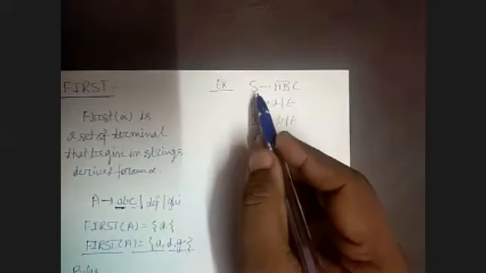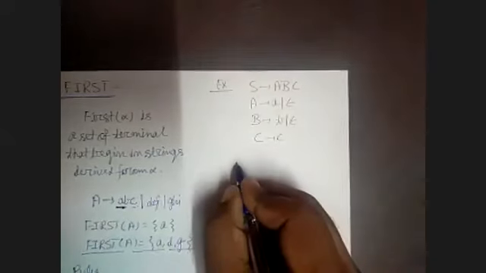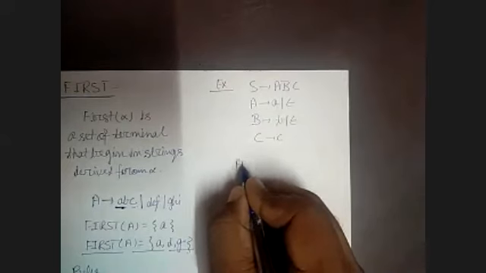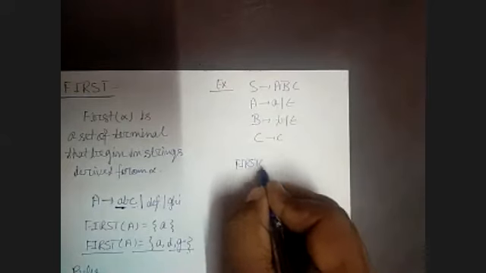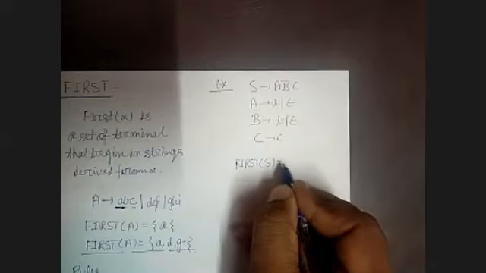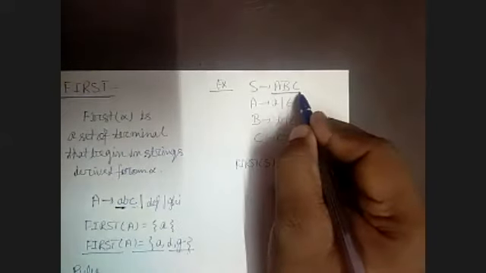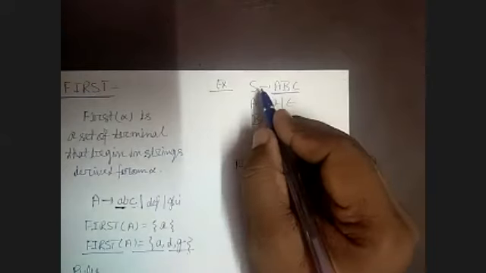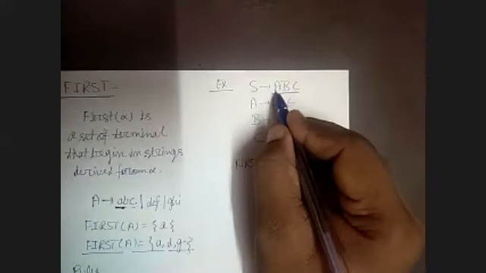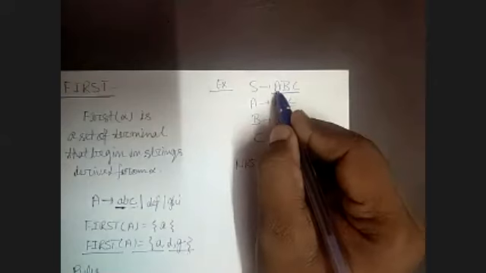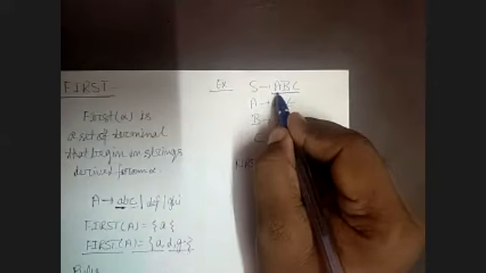So we find out the first of each and every non-terminal. First, the first of S. How to find out the first of S? We check the production of S. So S contains a non-terminal at the start, so we find out the first of that non-terminal.